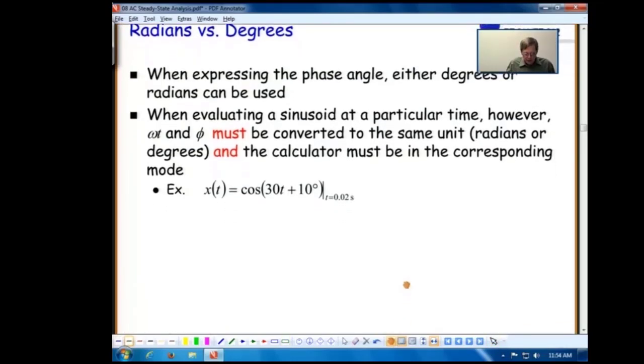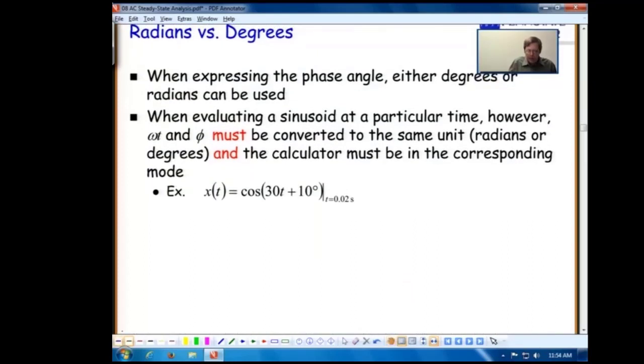If we take this function x of t, I want to first convert everything to degrees. So 30t evaluated at t equals 0.02 seconds equals 0.6. And it's in radians, it's a dimensionless quantity. So let's convert 0.6 radians to degrees.